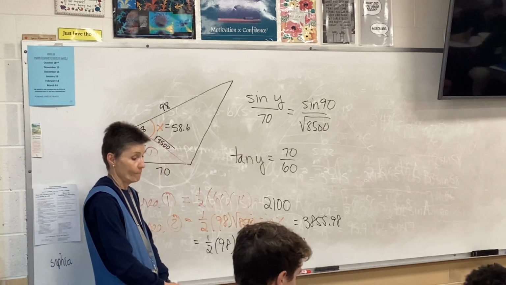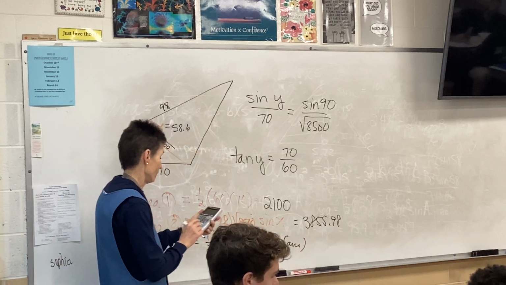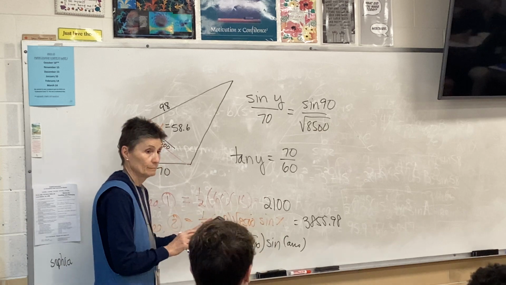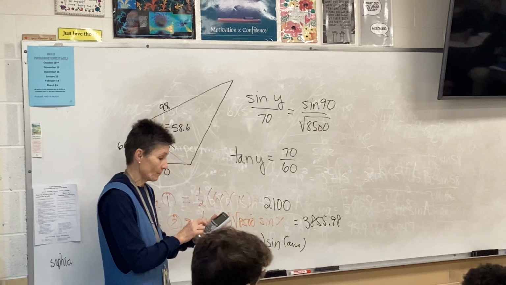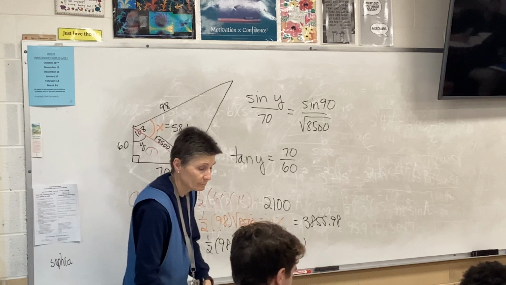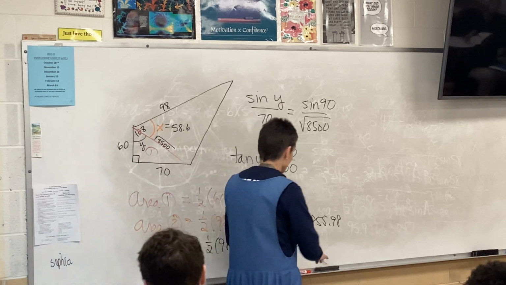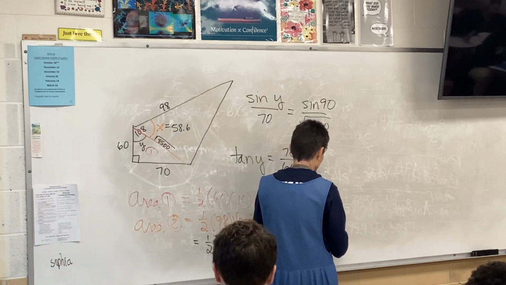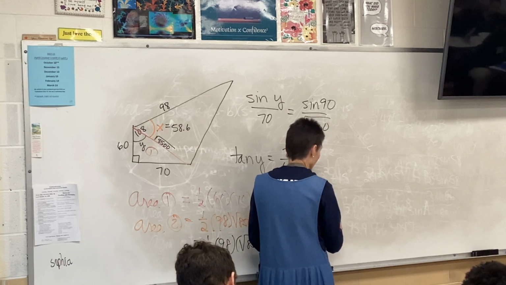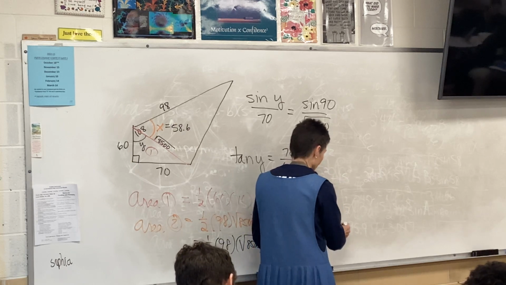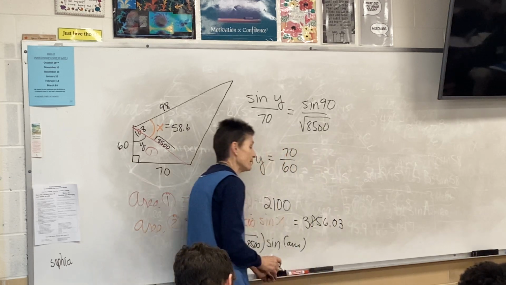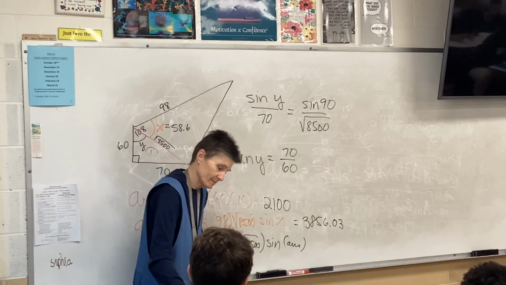No? Yeah, give me rounding. I got five. Do you round it? What is it? 3, 8, 5, 6 point what? 0, 3? All right.